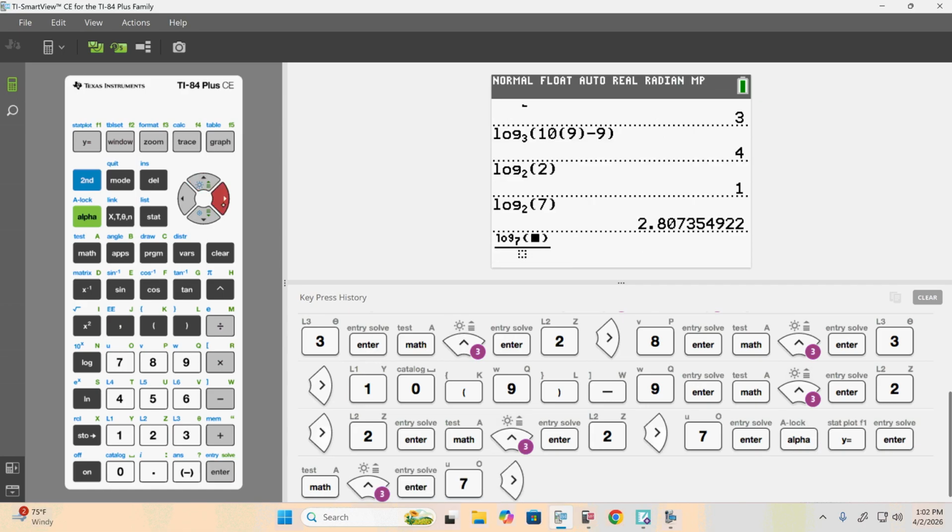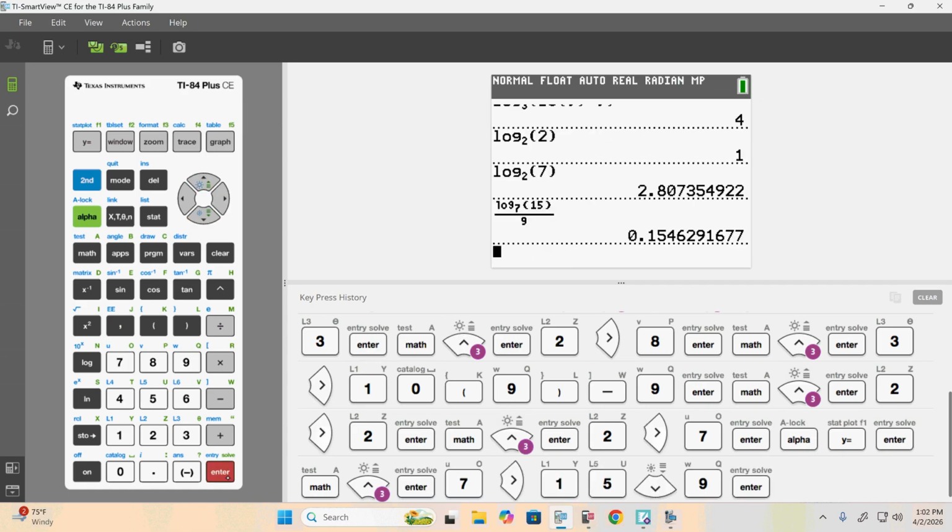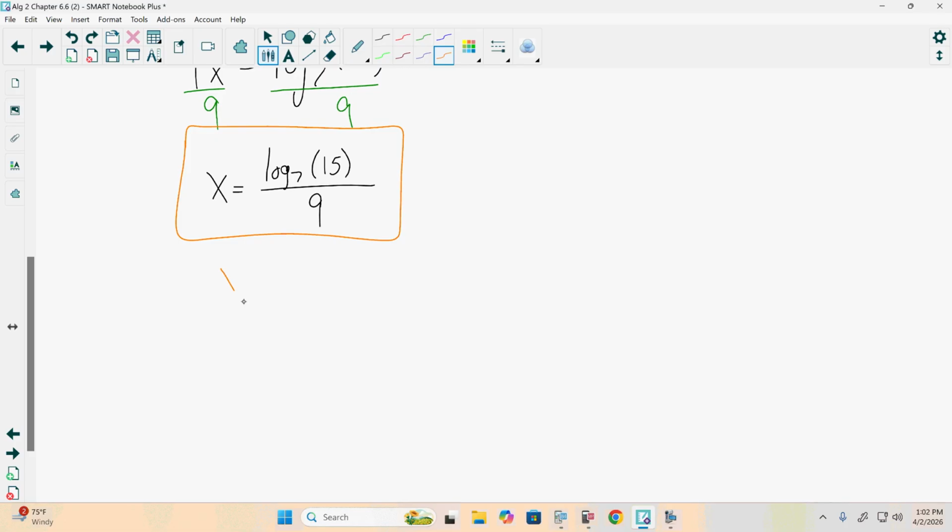Log base 7 of 15 over 9, telling us that 0.1546291677, or 0.155, is the decimal approximation of this here.